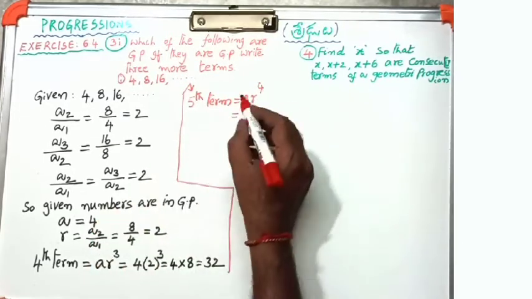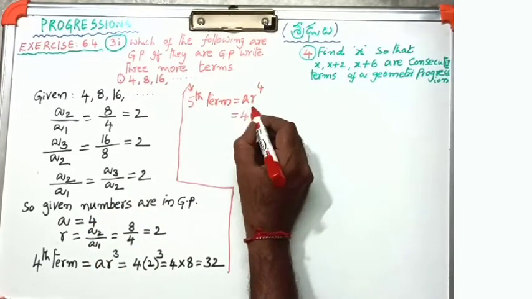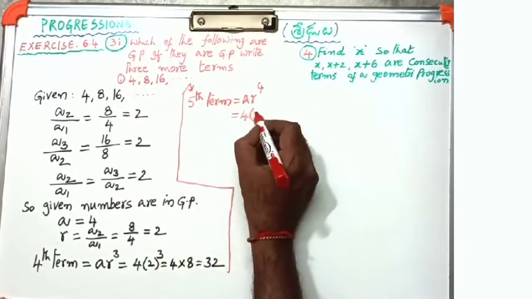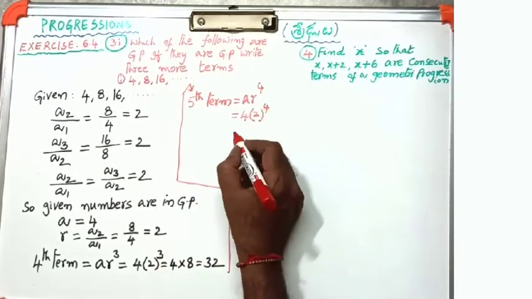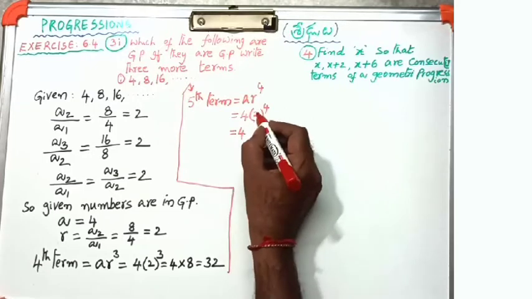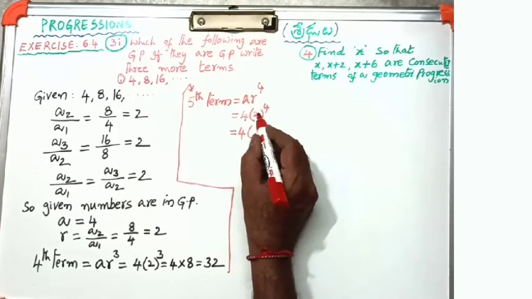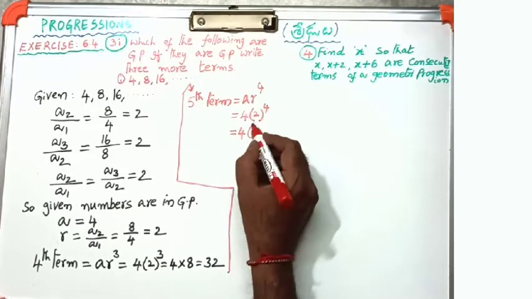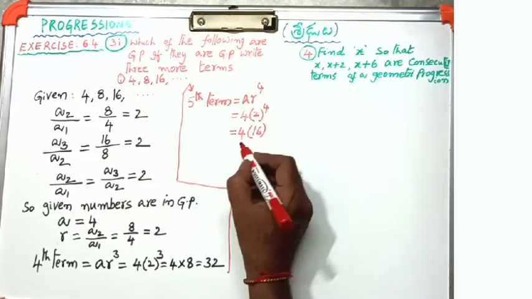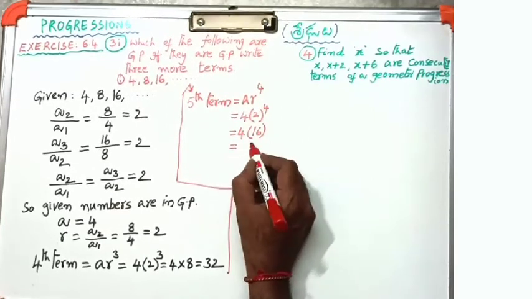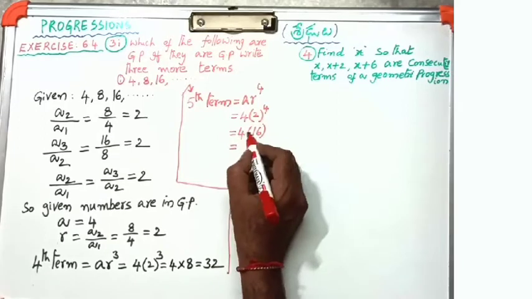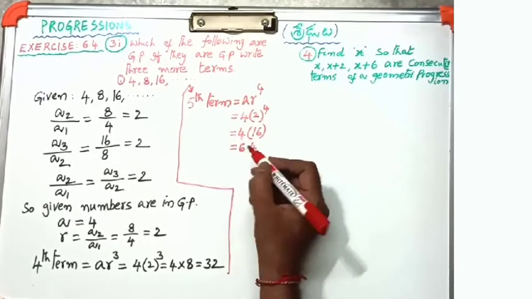A value is 4 and R value is 2. 2 to the power of 4: 2 2s are 4, 4 2s are 8, 8 2s are 16. So that equals 4 into 16, 4 6s are 24, 4 1s are 4, so 64.